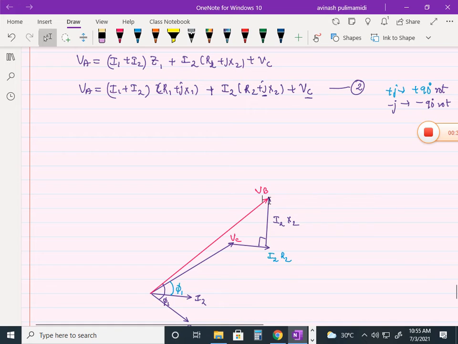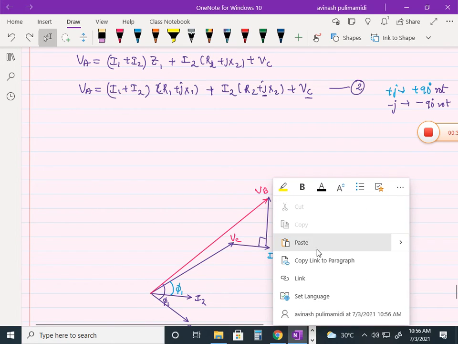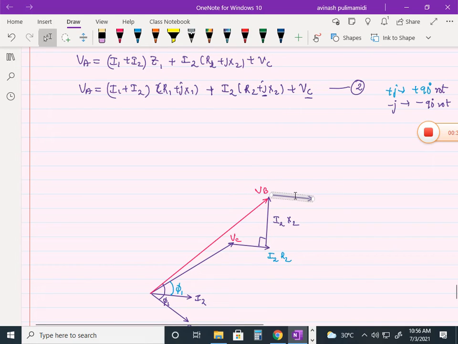So with VB as a ground reference, draw a line parallel to this, just copy this one.